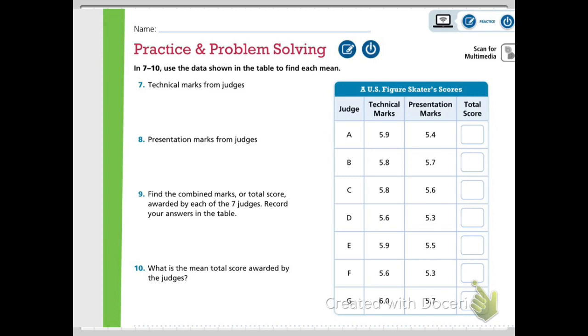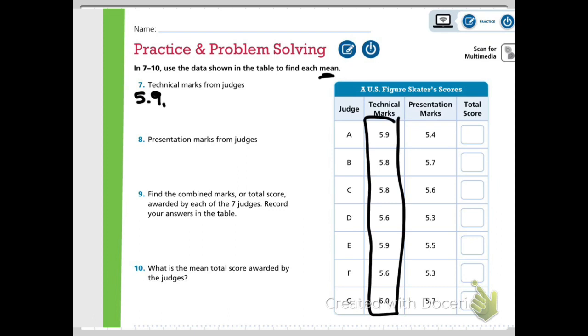The first one says to find the mean. We're going to find the mean of the technical marks, just looking at this column here. So that's 5.9 plus 5.8 plus 5.8 plus 5.6 plus 5.9 plus 5.6 plus 5.6 plus 6.0.